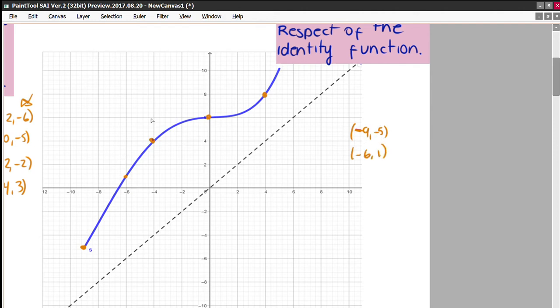There's another point here at (-4, 4), then (0, 6), and (4, 8). So these points in my inverse function are going to be the inverse ones.